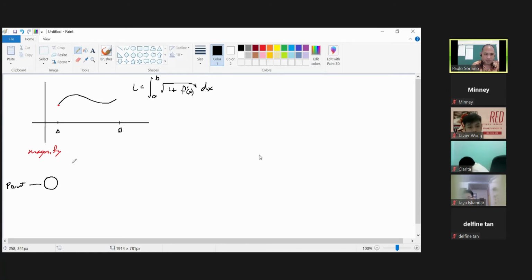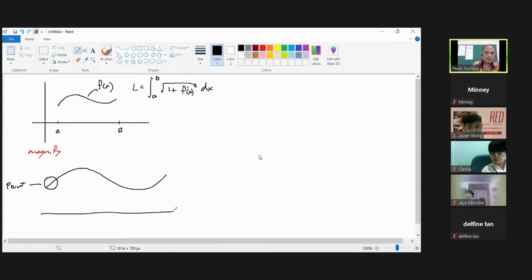And then this point is going to be traveling along this path, which is now our function, from point A until point B. Can you imagine what I'm trying to say here?